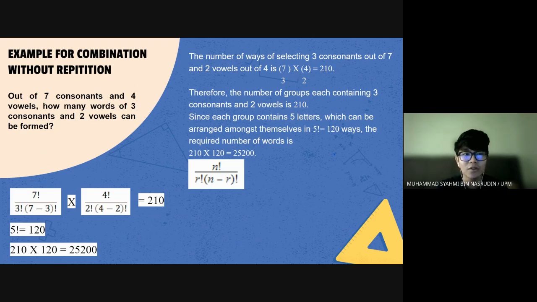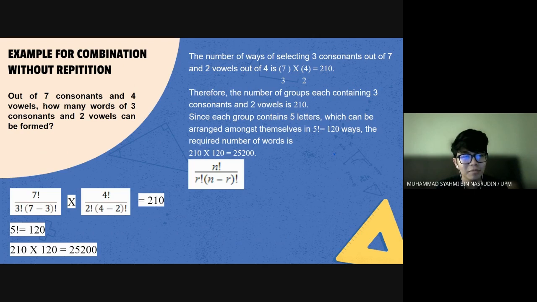The question is, out of 7 consonants and 4 vowels, how many words of 3 consonants and 2 vowels can be formed? So the number of ways of selecting 3 consonants out of 7 and 2 vowels out of 4 is C(7,3) times C(4,2). So based on the formula, we have 7 consonants and we need to choose 3 out of 7.